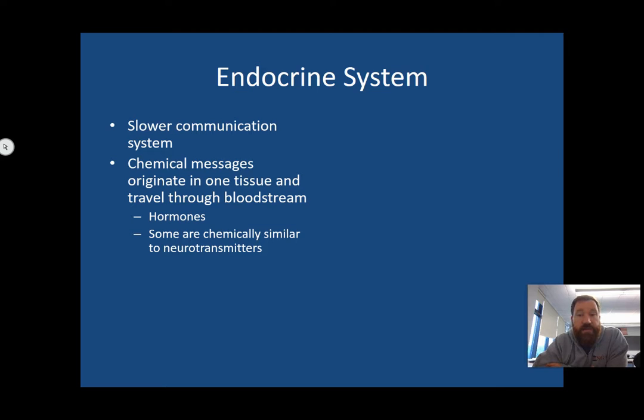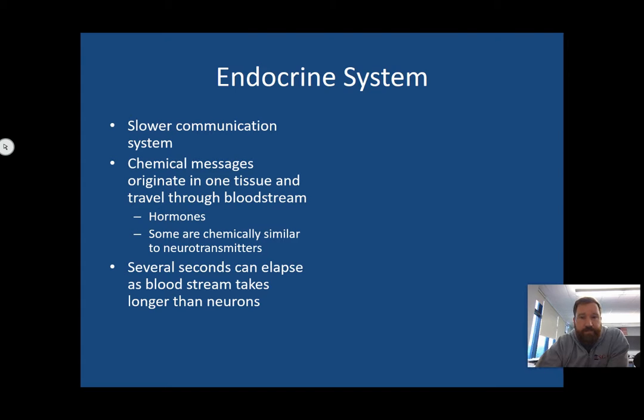These are all glands that send information through the bloodstream and impact our entire body, okay? Sometimes it takes seconds. So this is a lot slower. If we're talking nanoseconds to actual seconds, that's several orders of magnitude slower than the neurons.